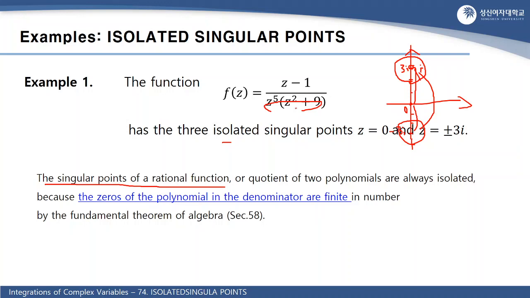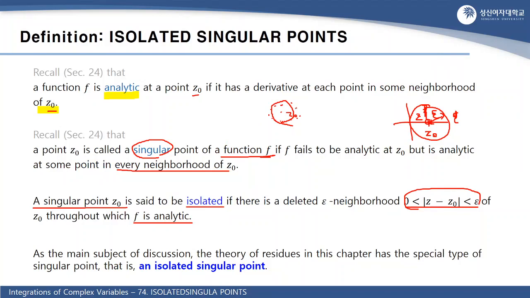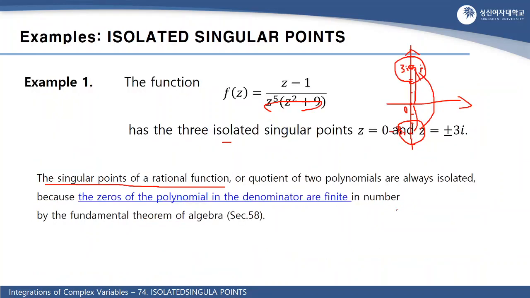So f is analytic at any point in the deleted epsilon neighborhood disk. So the singular point, at any singular point, is isolated. Yeah, it is easy to see that.